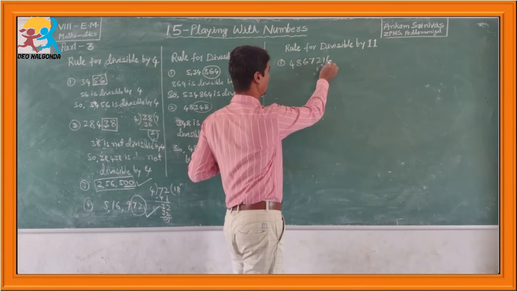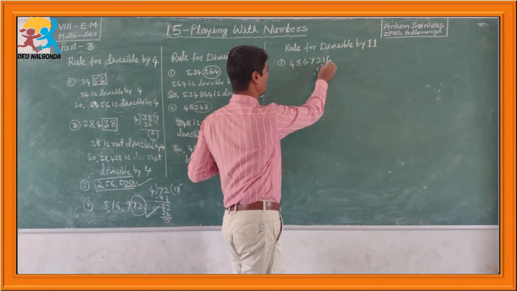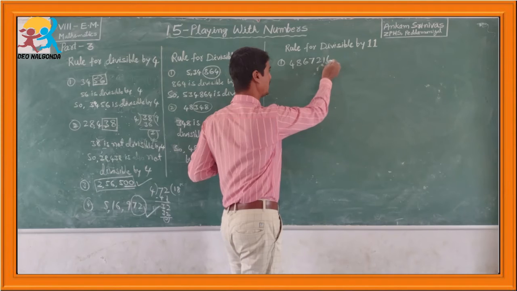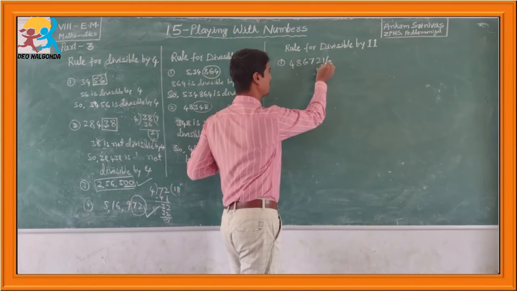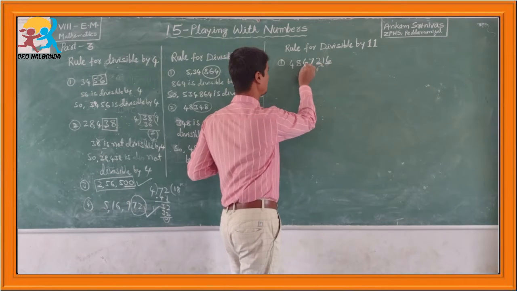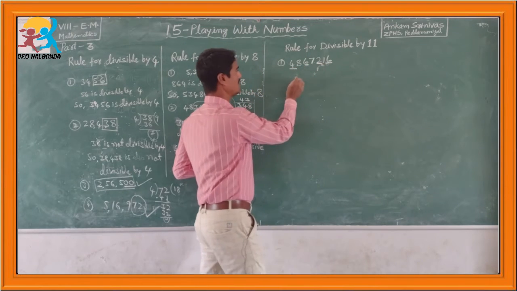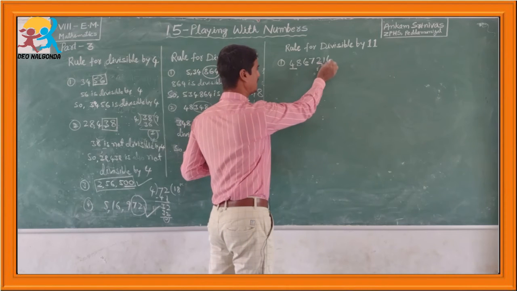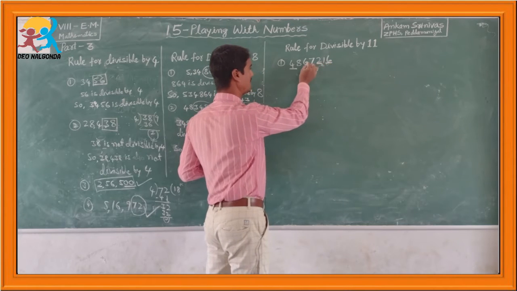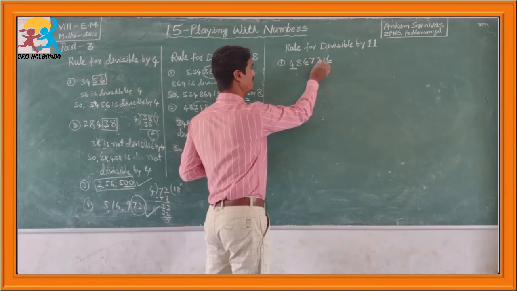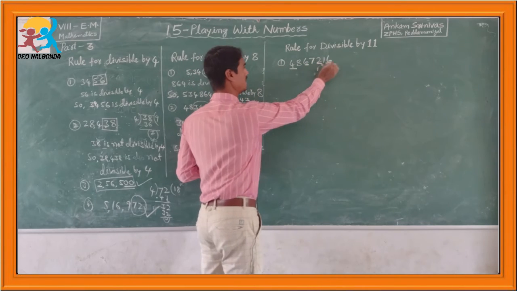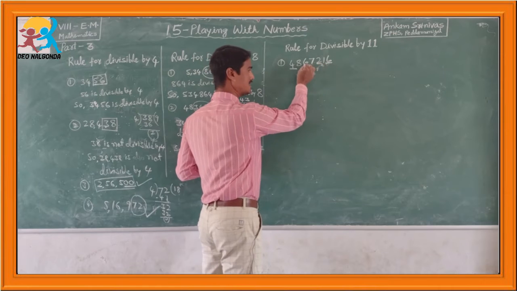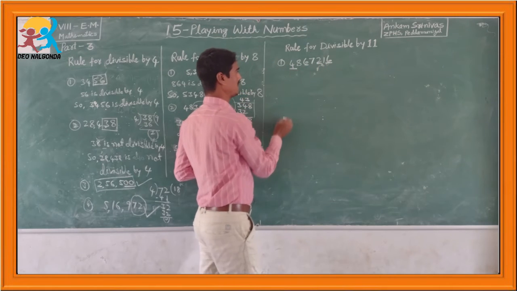If I give places 1, 2, 3, 4 like that, there are 7 digits. So this is the first place, the third place, the fifth place, the seventh place.